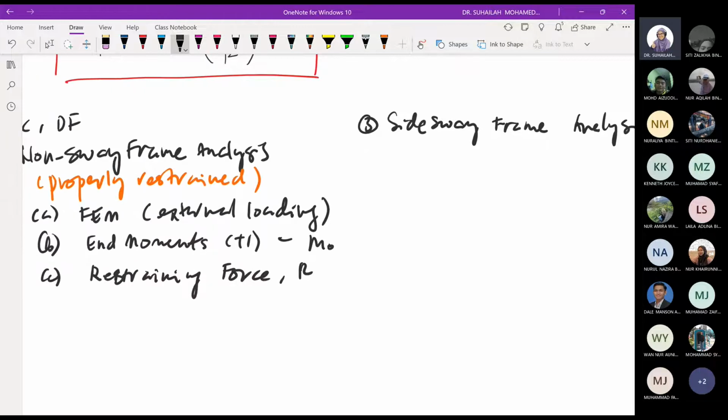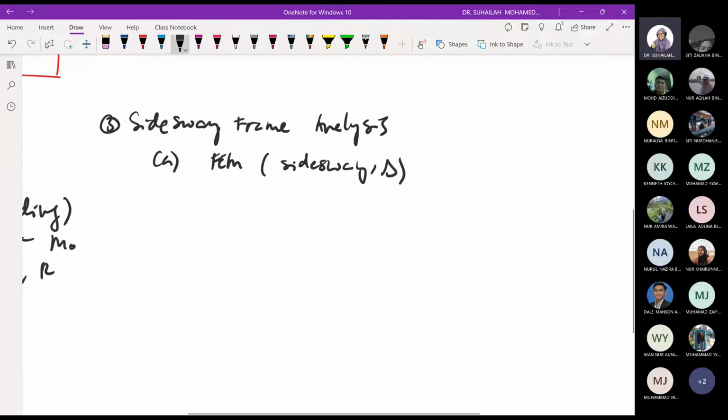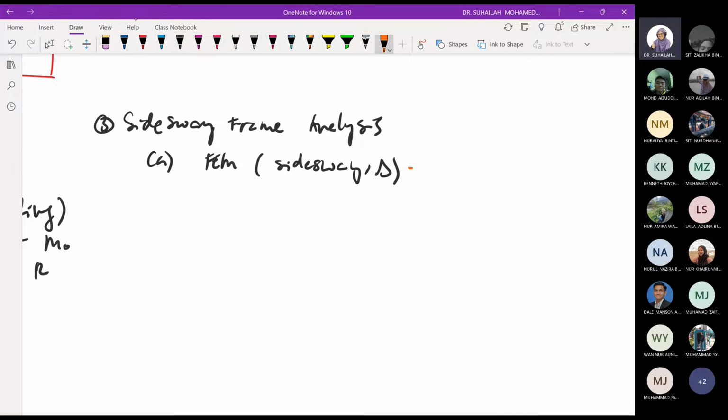So 3A is the FEM due to Sidesway, or delta. This FEM is based on assumption. We will assume the FEM for one member and we will calculate for the other members.